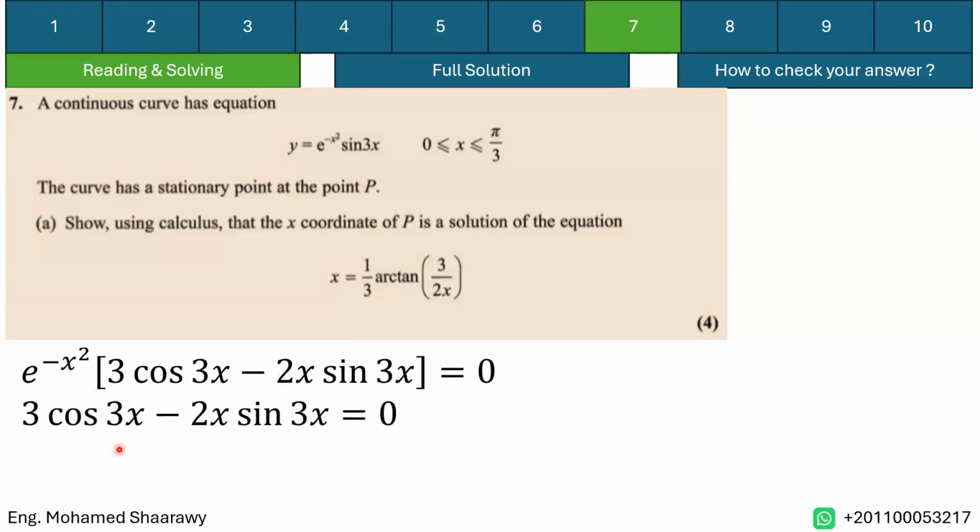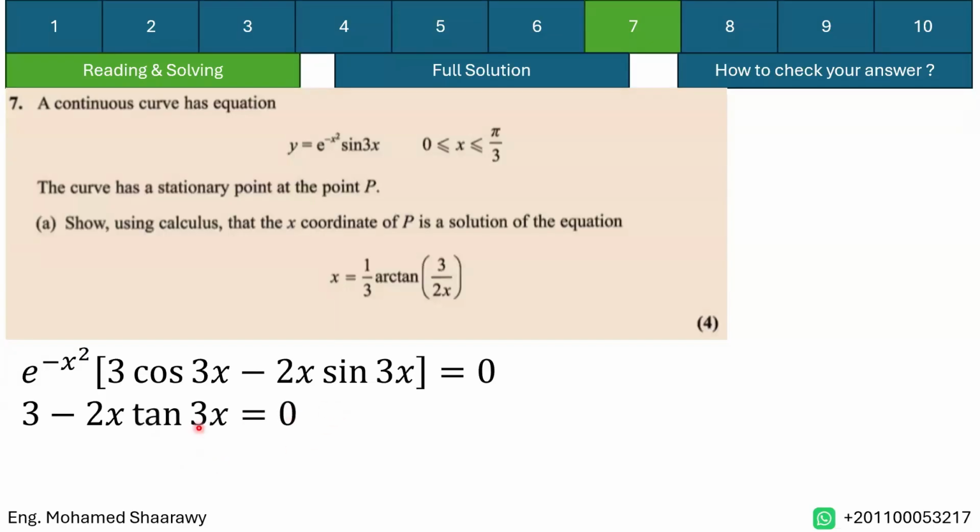When does this one equal 0? Actually, as you can see here, I can see an arctan. So I came up with the idea of transferring this cosine and sine into a tan, of course by dividing both sides of the equation by cosine 3x. So this divided by cosine 3x will give me 3, and this divided by cosine 3x will give me tan 3x.